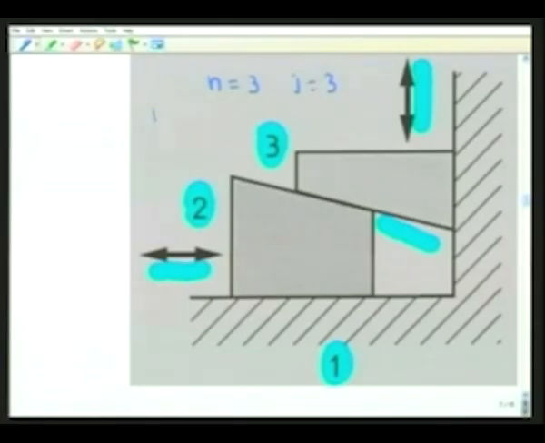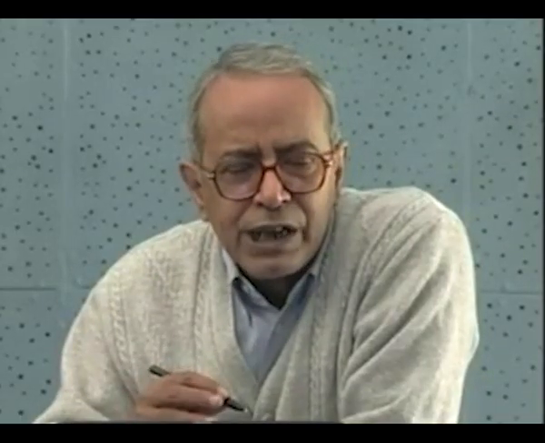So, according to the formula, we should have had 3 into (N minus 1), that is 2, minus 2J, that is 2 into 3, which is 0, which is true for the revolute pairs but not true for the prismatic pairs. In light of this difference between the revolute and prismatic pair, let us modify our formula for calculating the degrees of freedom.